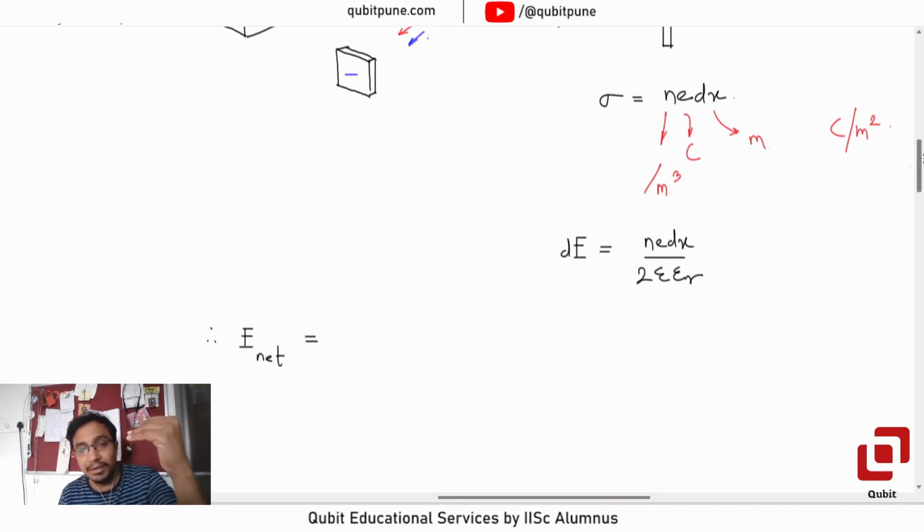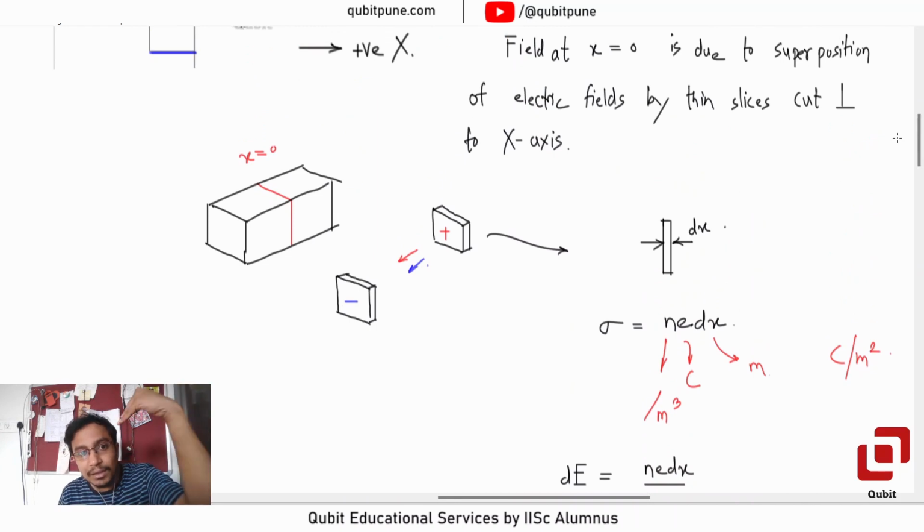Now look here. The whole of the depletion region to the right of x equal to 0, this part, is going to contribute positively, and this is also going to contribute positively, in the sense that the effects of the electric field due to that and this are not going to cancel each other, they will get added.